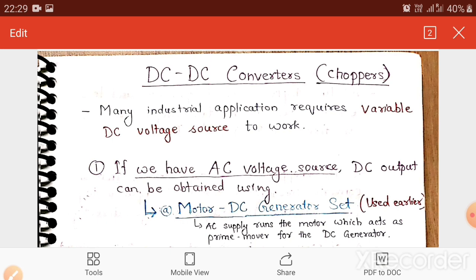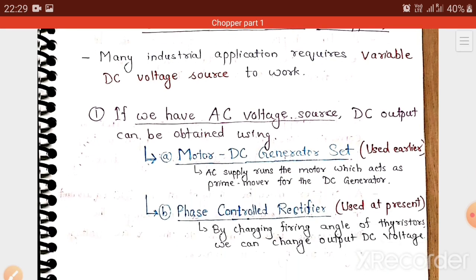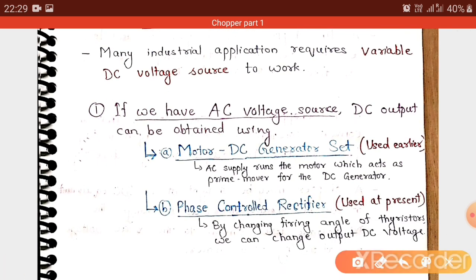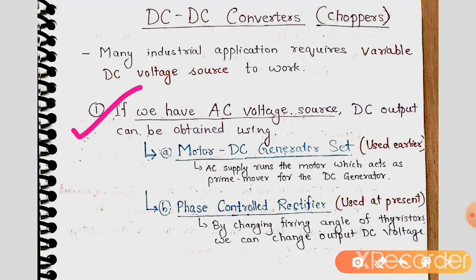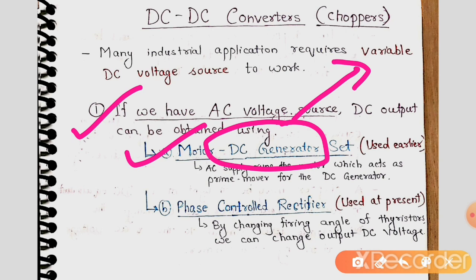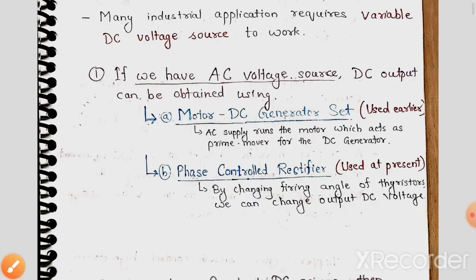If we have an AC voltage supply, we can obtain output DC voltage using a motor generator set, where a motor runs a DC generator, and the output of this DC generator can be varied to obtain variable DC voltage. Similarly, phase controlled rectifiers use thyristors for getting a variable DC output voltage. By changing the firing angle of the thyristor, we can obtain variable DC voltage as output.